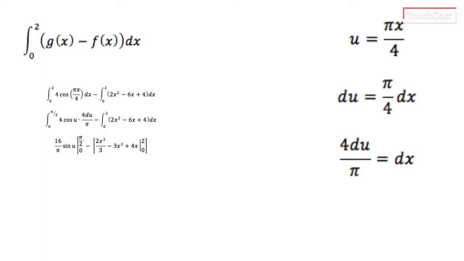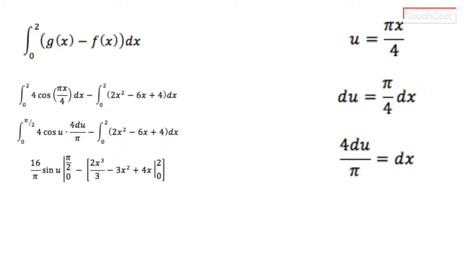I don't know that antiderivative off the top of my head. But the second half, f of x, is going to be pretty easy to find an antiderivative for because that's a polynomial. So I can make a u substitution in one part of the integral, without having to make a u substitution in the easy part, so I'm going to split this up. So this is what I have so far.